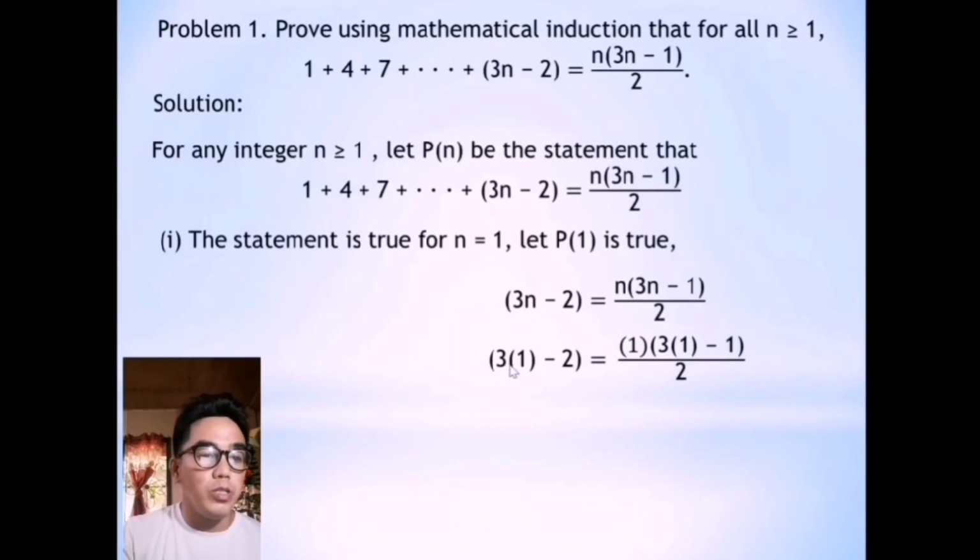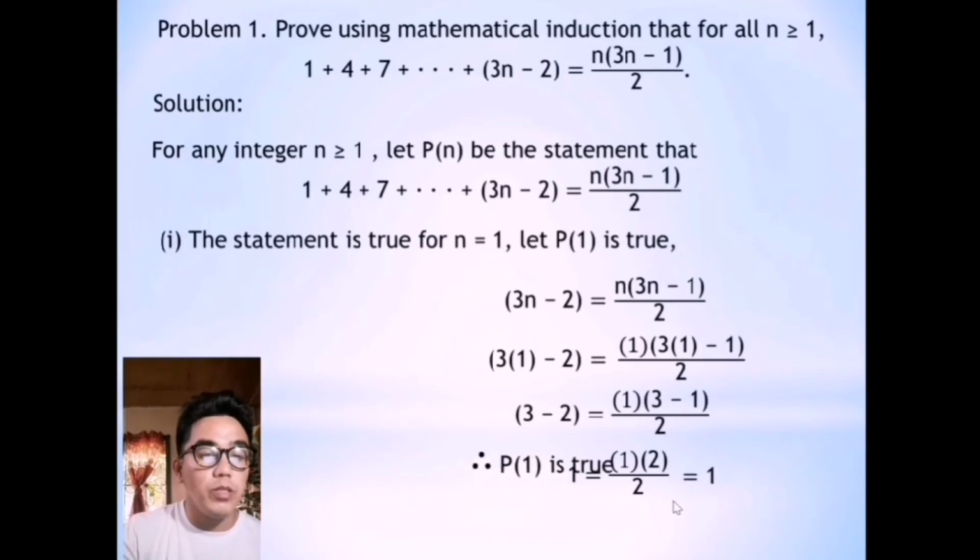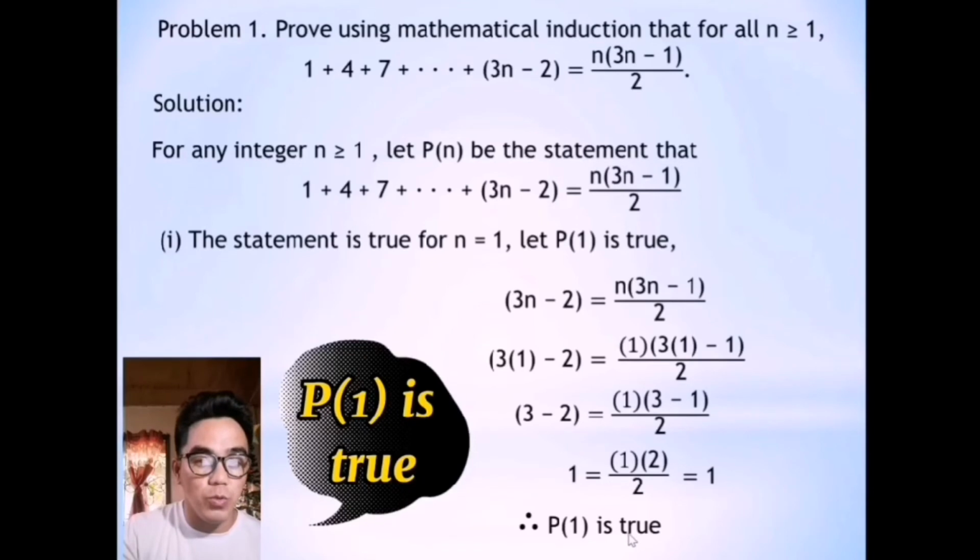Then simplify: 3 times 1 is 3, minus 2 is 1; 3 times 1 is 3, minus 1 is 2, times 1 over 2. Then 1 times 2 is 2, divided by 2 is 1. So as a result, they agree as 1, which means P(1) is true.